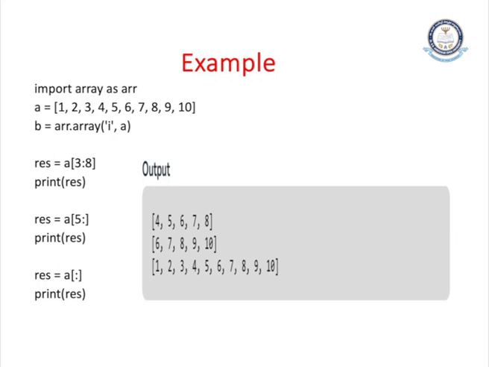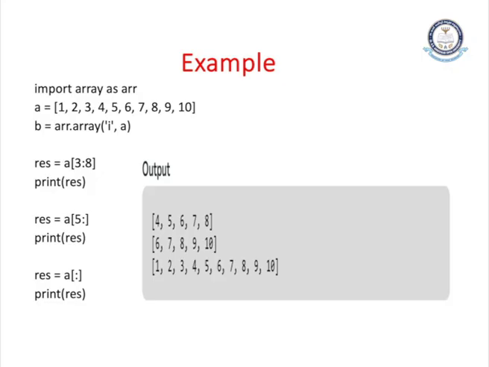See here, rs is one array, again another array. So I am giving the range of index 3, 8. So 3 means 0, 1, 2, 3. So it will start printing from the 4 up to the 8th index.